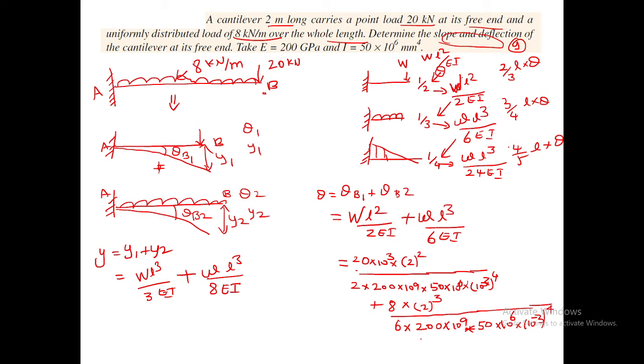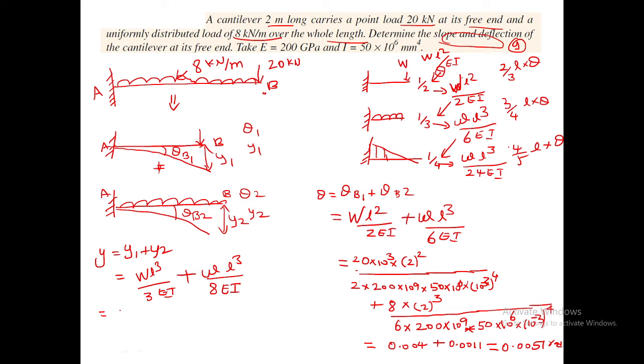Solving both, you get 0.004 plus 0.001, so the answer is 0.0051 radian.